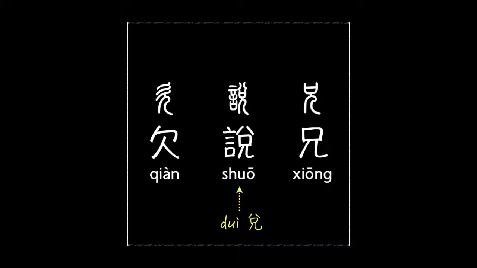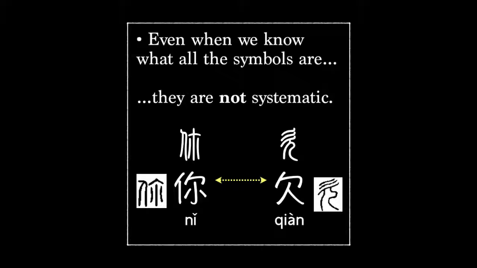Let alone the one that's halfway in the middle. But actually, all of these are different ways to depict an open mouth on legs, which is, of course, alluding to a human form and a certain type of action. So, even when we know what all the symbols are, they are not systematic.